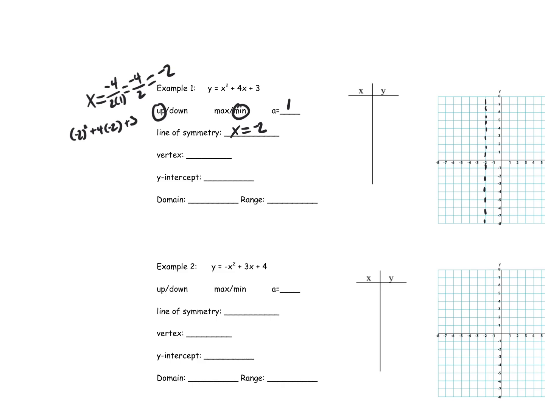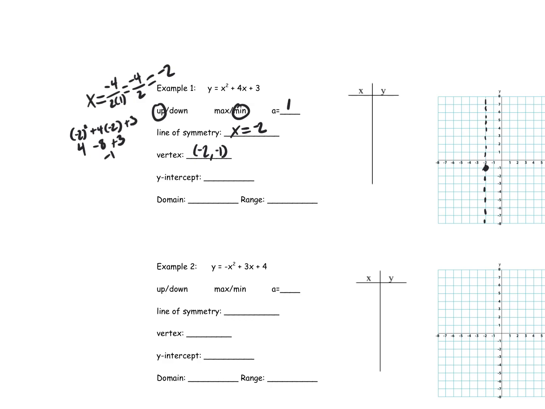So negative 2 squared is 4. 4 times negative 2 is negative 8. Now we can simplify. 4 minus 8 is negative 4. Negative 4 plus 3 is negative 1. So our vertex is at x equals negative 2 and y equals negative 1. So we can go ahead and plot that point.